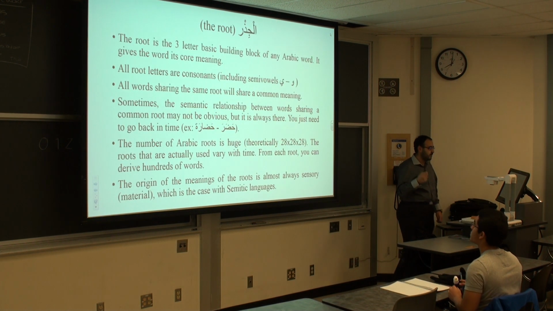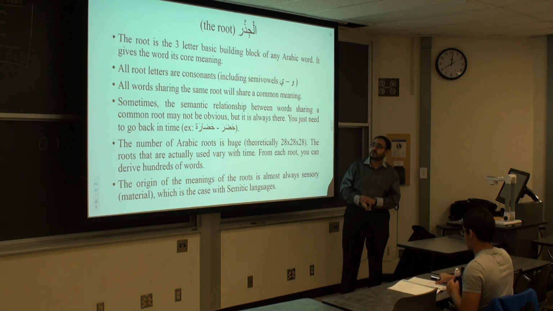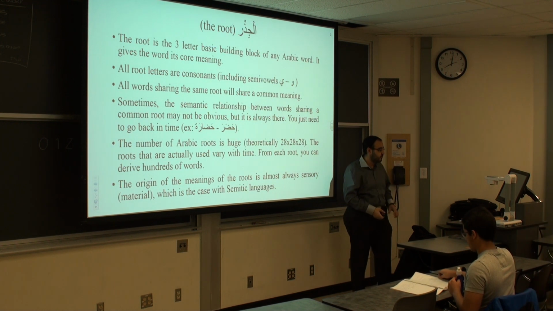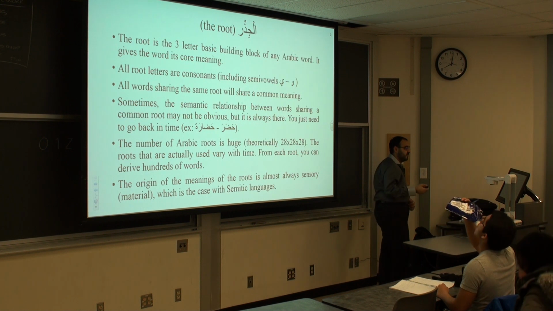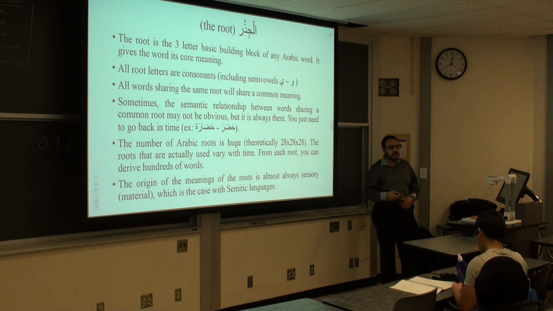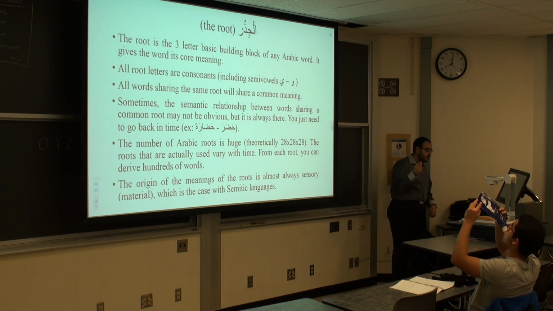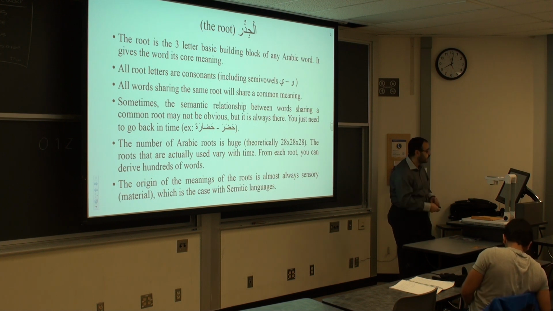So let's talk about that in more detail. So al-jidh, or the root, is the three-letter basic building block of any Arabic word. Arabic, like other Semitic languages, is built around one building block, which is called the root.